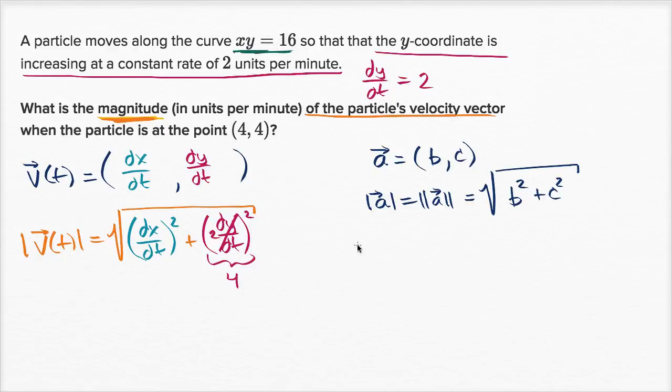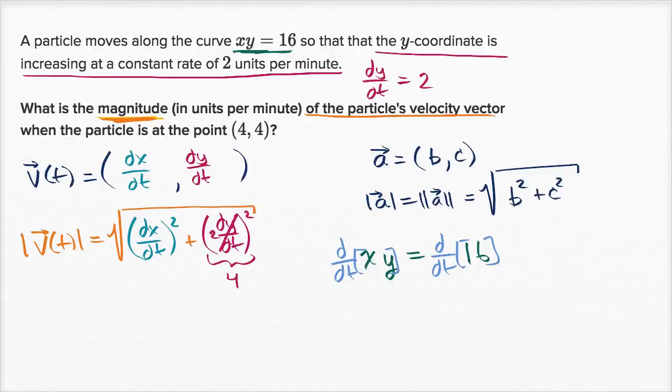So let's do that. We have xy is equal to 16. I'm going to take the derivative with respect to t of both sides, in a different color, just for a little bit of variety. On the left-hand side, if we view this as the product of two functions, x is a function of t and y is also a function of t, so we're going to use a little bit of the product rule and a little bit of the chain rule.